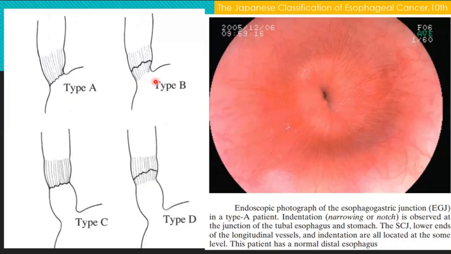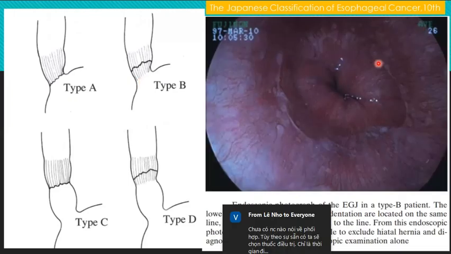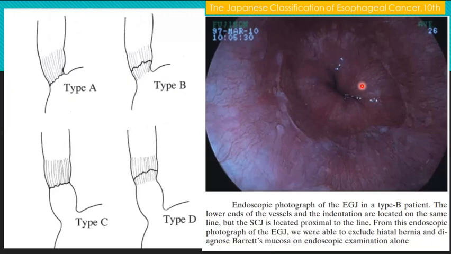So like this, whenever the palisading vessels are going down there, and it is still possible to see that kind of palisading vessels, the Japanese doctors diagnose Barrett's mucosa. I'm sure that's why in the Japanese population, up to 2% are in the category of Barrett's esophagus, but not in other Asian countries.